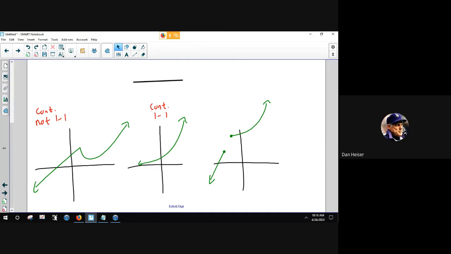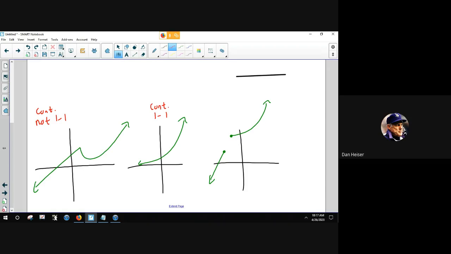Third example. It's a function. Is it 1-to-1? Even though it's got this hole here, it still passes the horizontal line test.